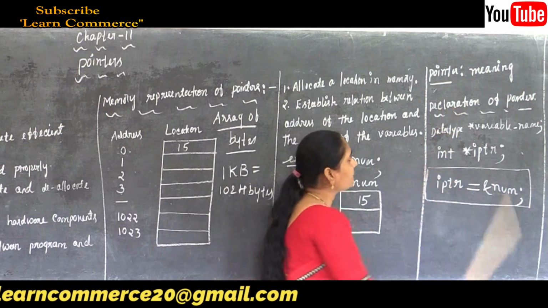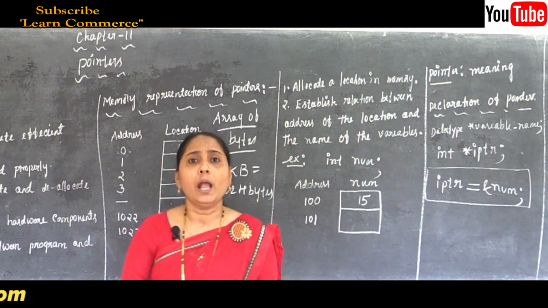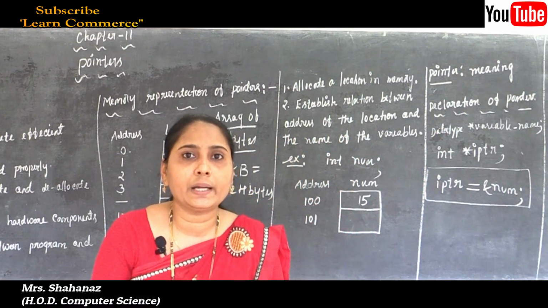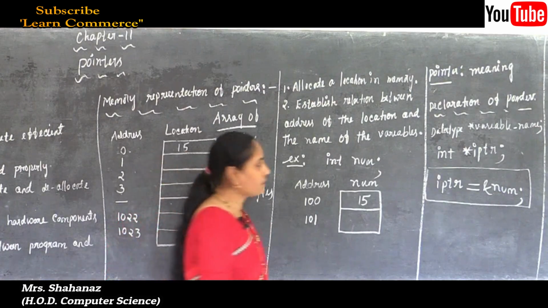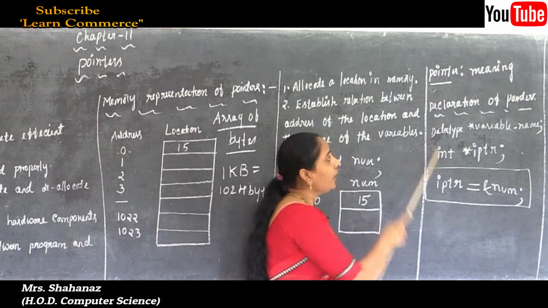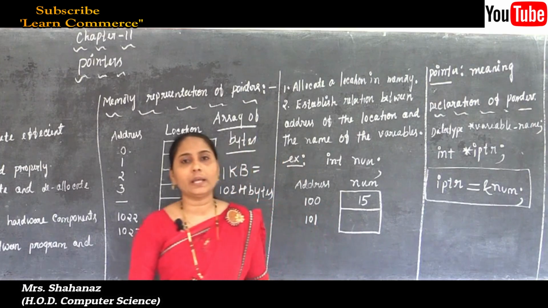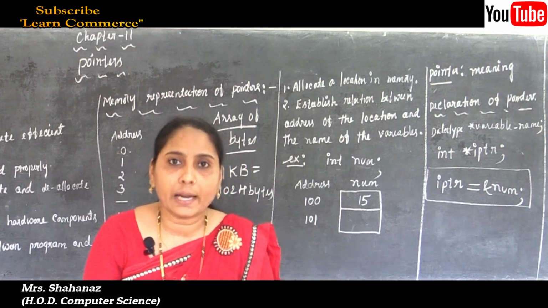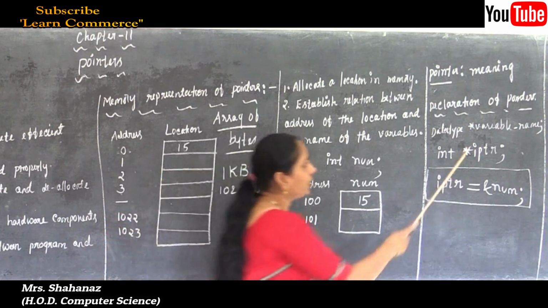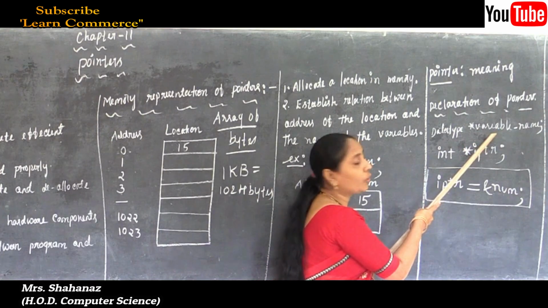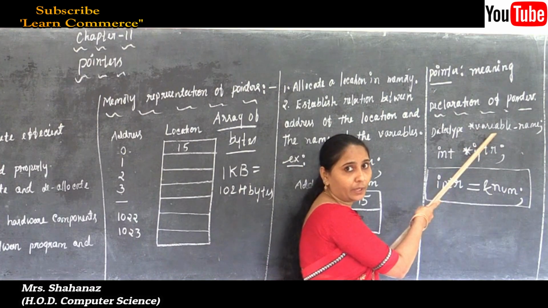So now let's see the declaration of the pointer. What is the declaration of pointers in this case? We can say that the general form of the declaration of a pointer is: data type, asterisk, pointer variable underscore name, semicolon. It's a very important topic.